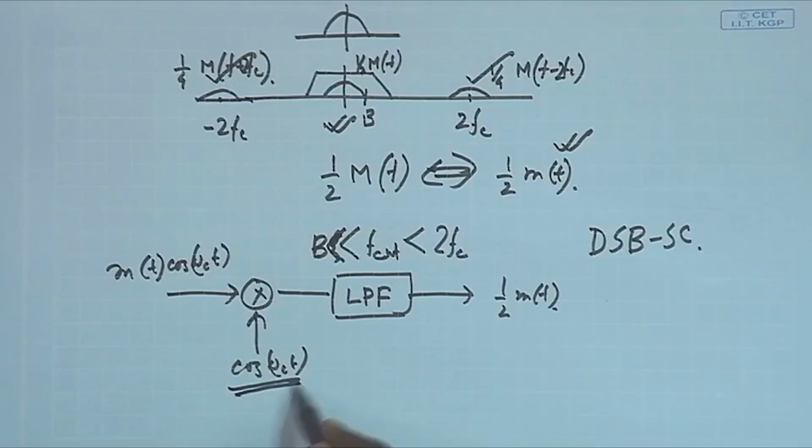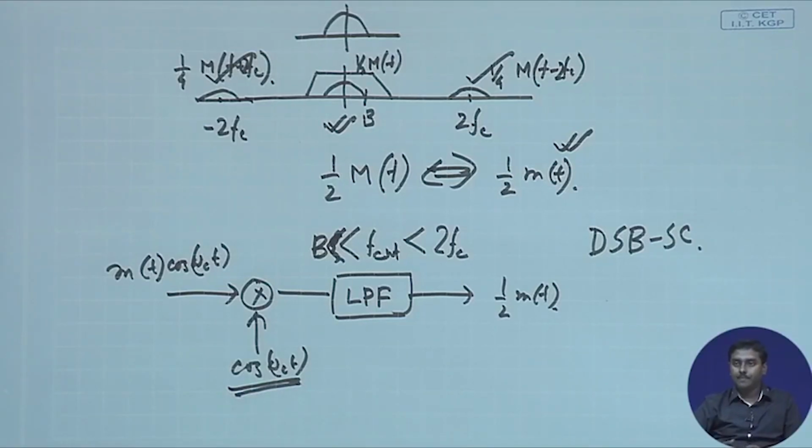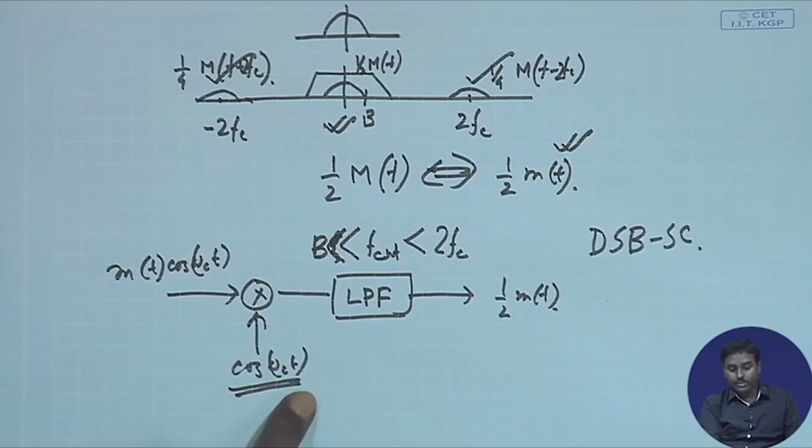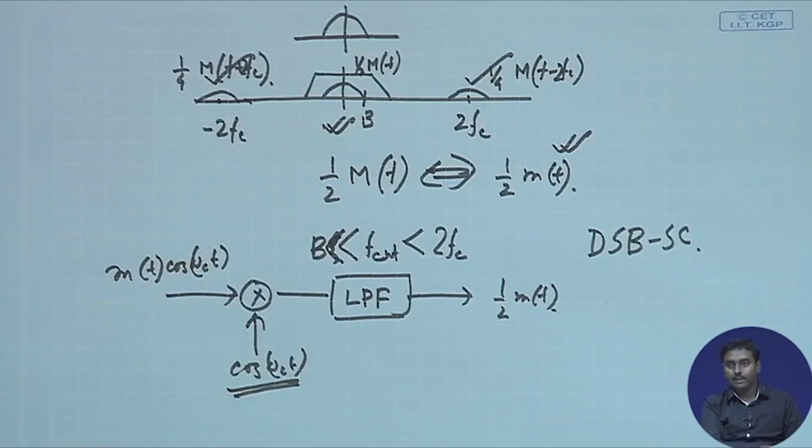So now let us try to see what the difficulties are over here. The first difficulty is generating this one. That is a big challenge, because if you see very carefully, the frequency and of course the phase also, we are not writing the phase, these two have to completely match over here, then only that cos square term will come out, and then only the Fourier transform will give me m(t) very nicely.